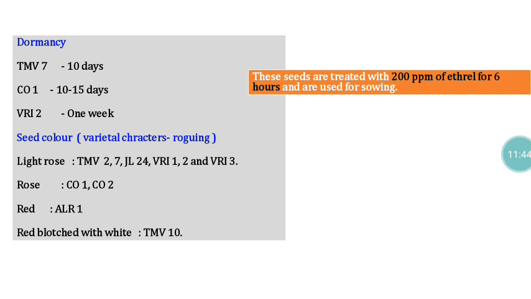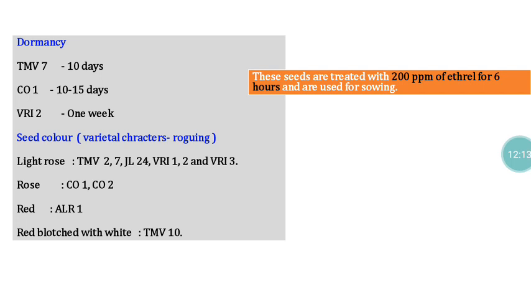So in these cases, by treating the kernels with 200 ppm of ethrel, we can overcome the dormancy problem. To break the dormancy in groundnut, we can soak the seeds in 200 ppm ethrel solution for about 6 hours. So by that way we can overcome that particular problem. Whatever may be, dormancy presence in groundnut is a really good one, a useful one from the farmer's point of view.